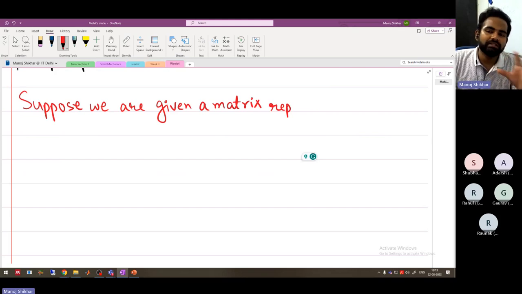Suppose by any chance, if sometimes I write a stress matrix, consider that I'm meaning that matrix representation of a stress tensor. Okay. So if I do that thing again in the future, just remember that I don't mean stress tensor there. I mean matrix representation of a stress tensor.